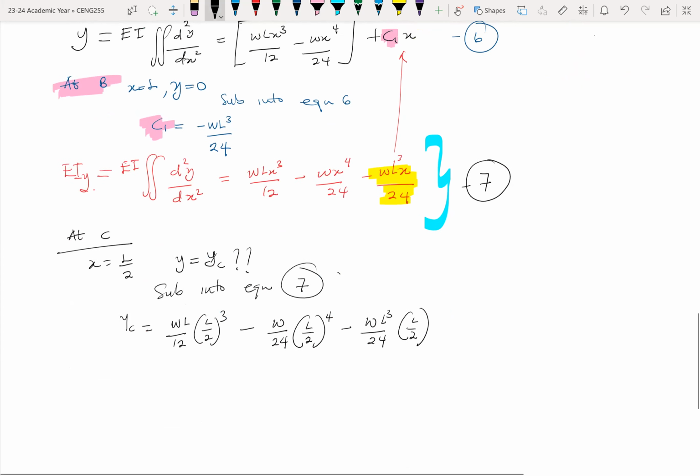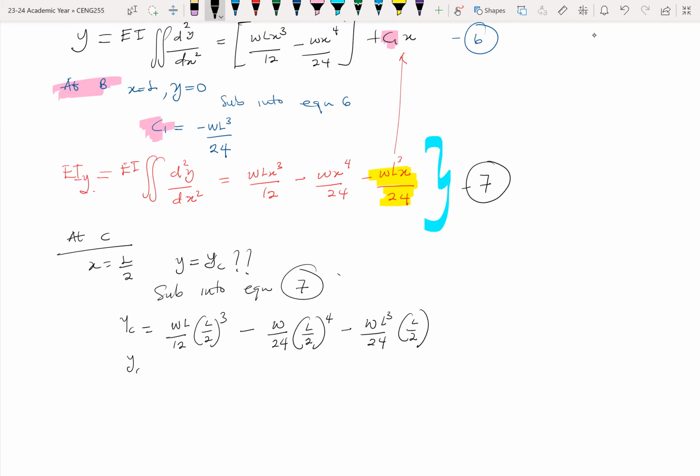All right, then if you do all of these computations, you end up with minus 5WL4 over, so that's EI here, and then put the EI here in the beginning. That becomes 384, which means that your YC here is minus 5WL4 over 384EI.